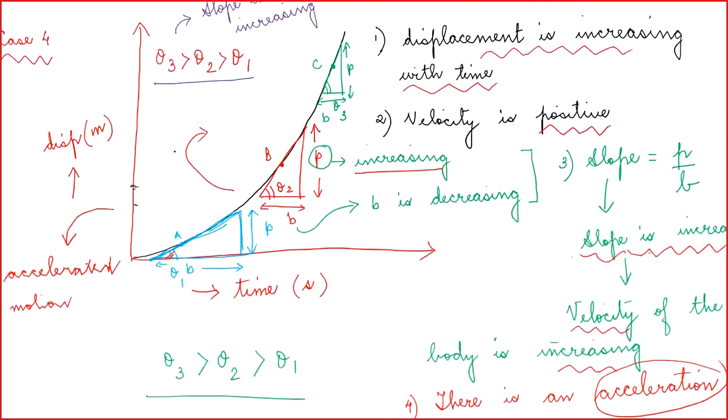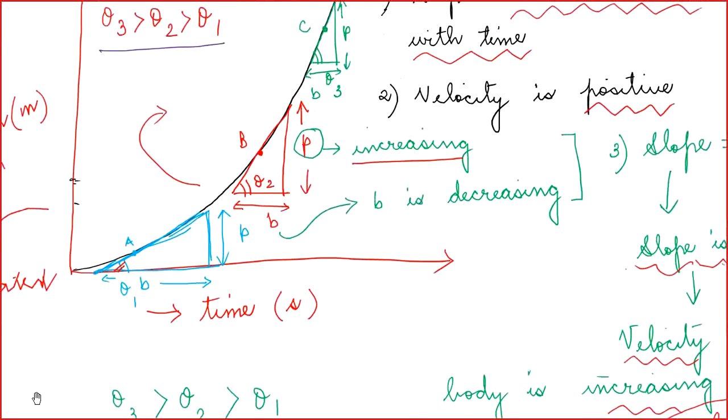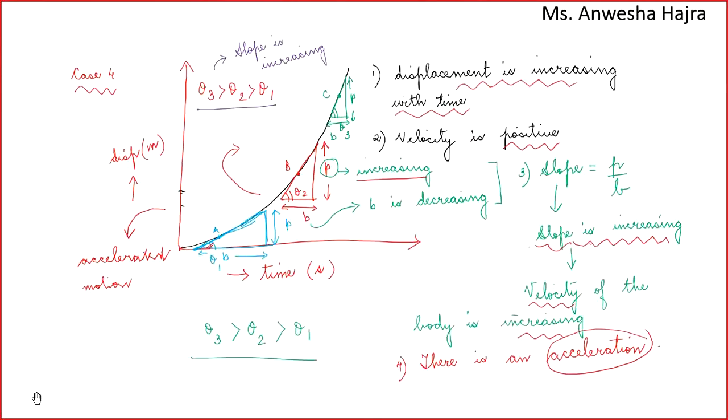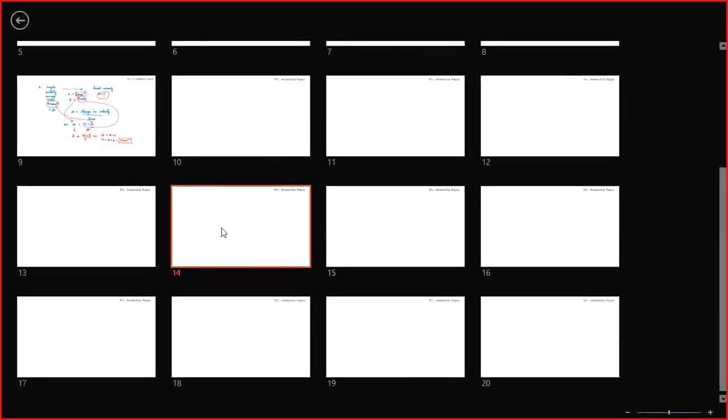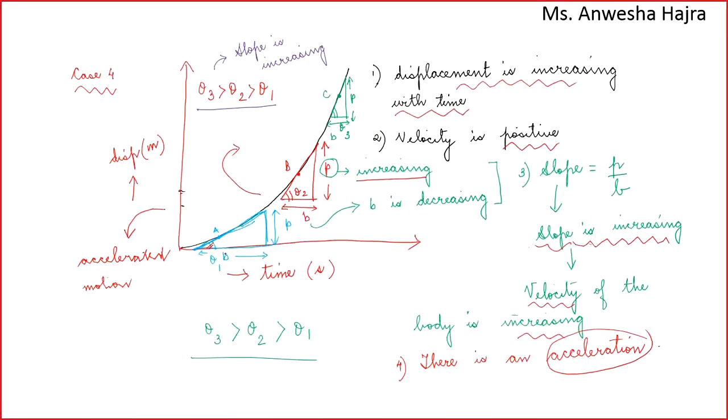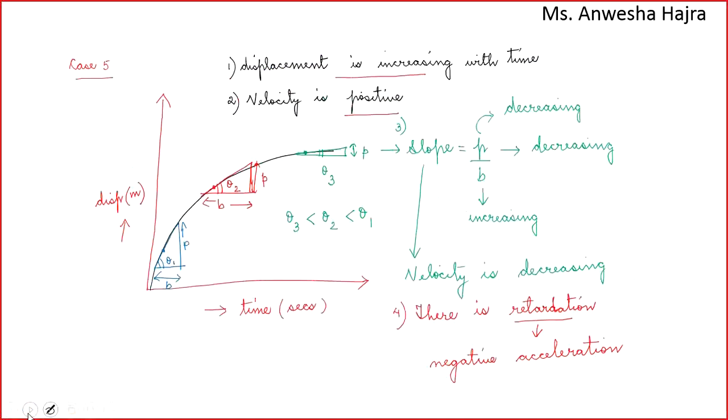The slope gives us velocity. So here the angle is increasing, slope is increasing, velocity is increasing, so there is acceleration.